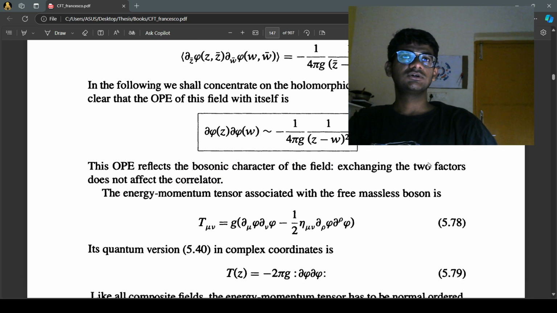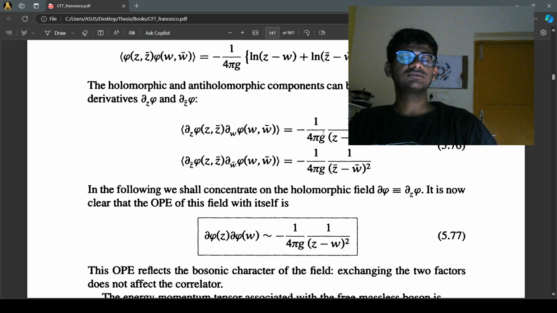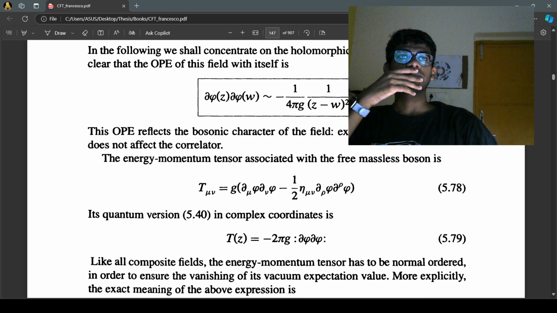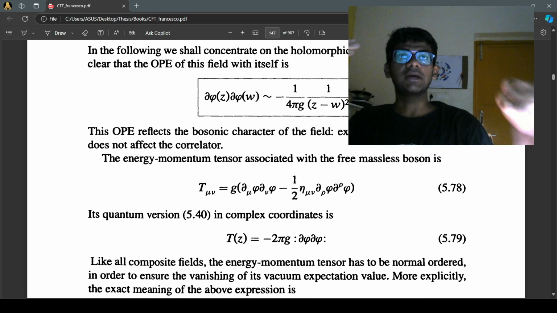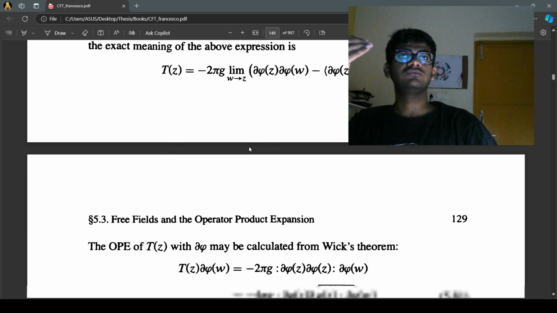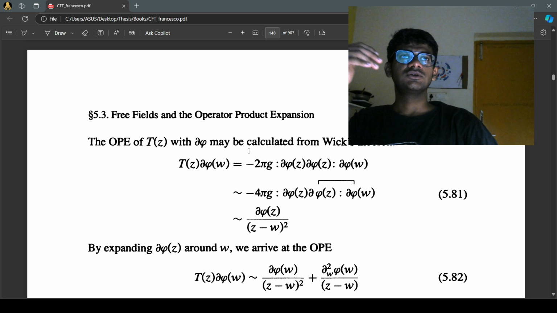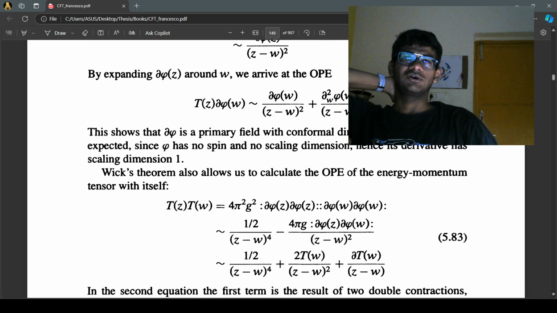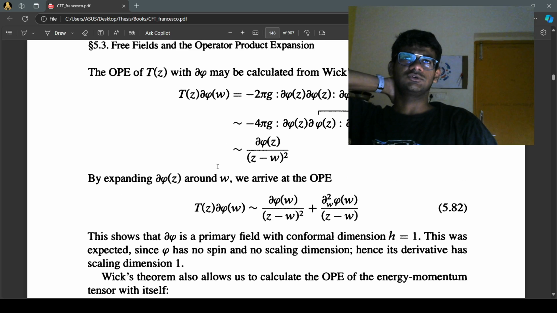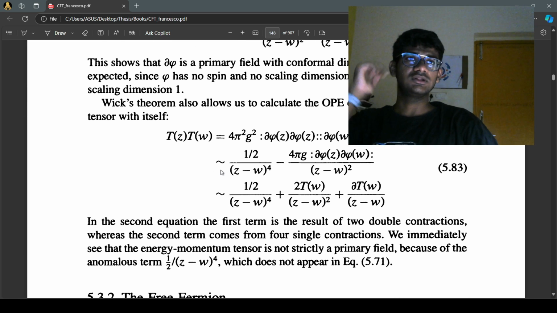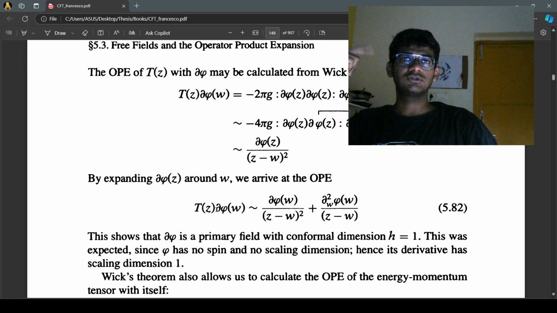And then we computed these correlation functions, the correlation functions of the derivatives of the fields, so that you can evaluate your energy momentum tensor, and in a holomorphic form you have clear definitions, and you compute the operator product expansion of the EM tensor on itself, and also on the derivative of the field.